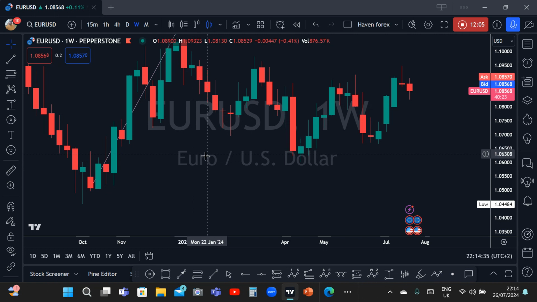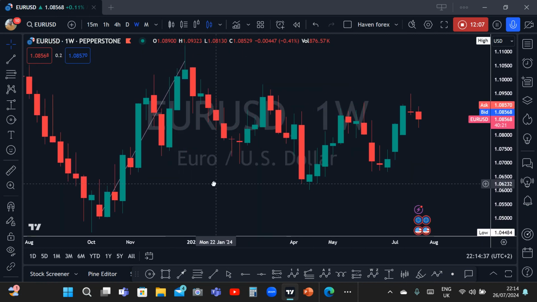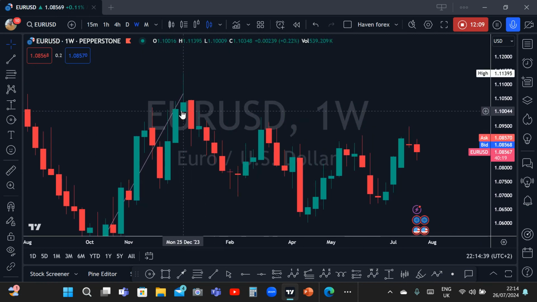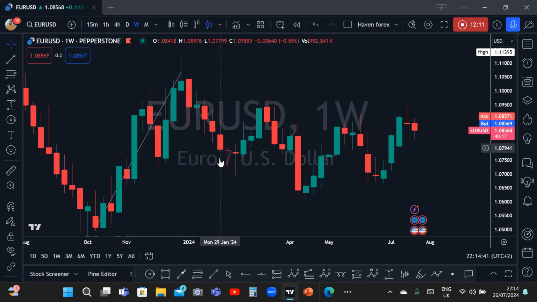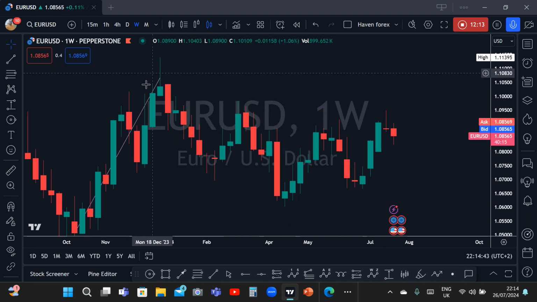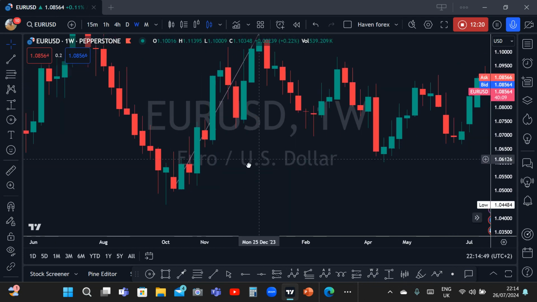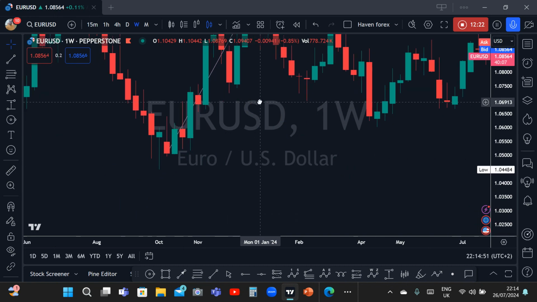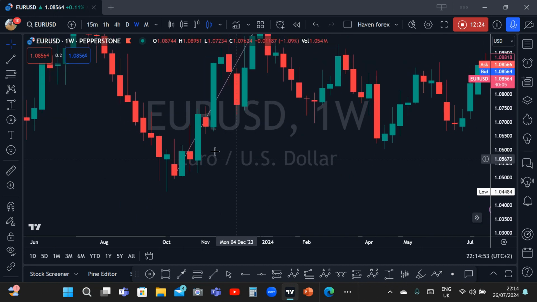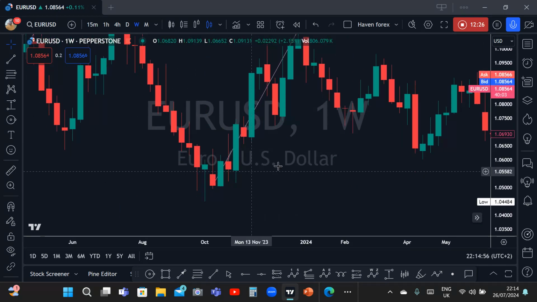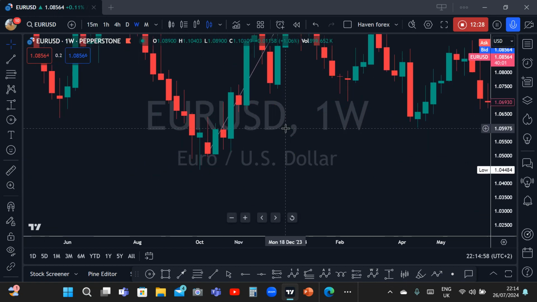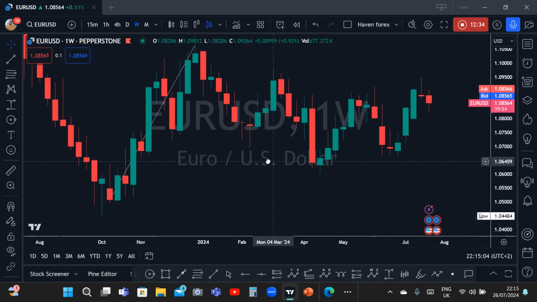So for you to say that a trend is about to change and reverse downward to be bearish, there will be an evening star formation. For a trend that is bearish to reverse upward to become bullish, there will be a morning star candlestick formation at the downside.